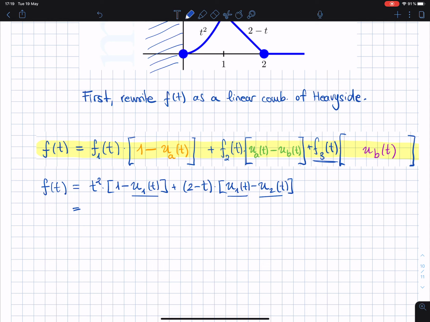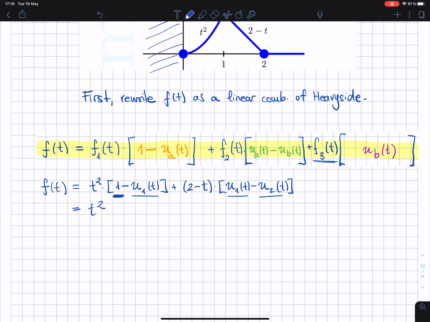So let me write it putting together the terms that don't multiply u1 or u2. For example, t squared, that's already used, and that's it.